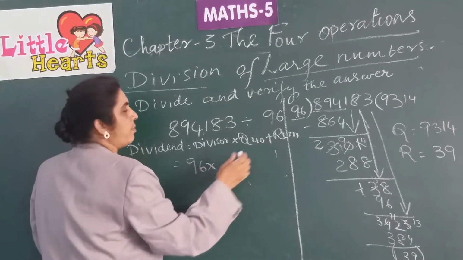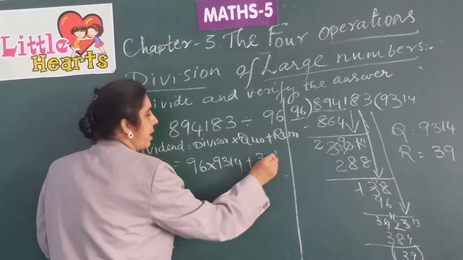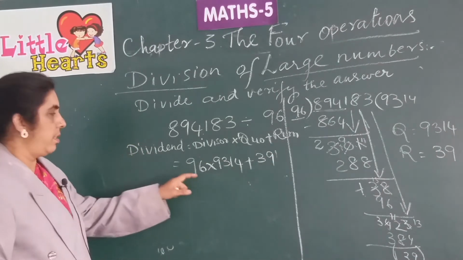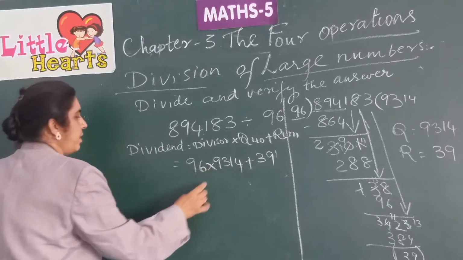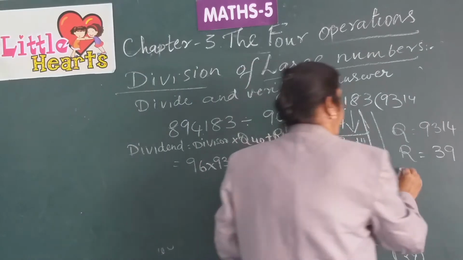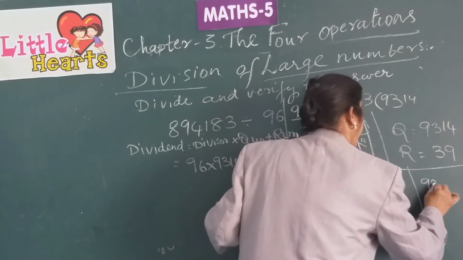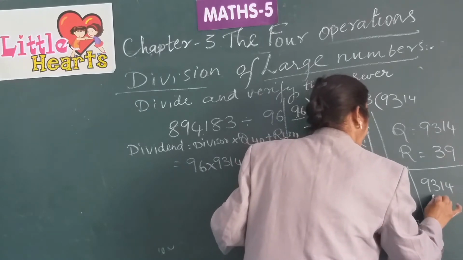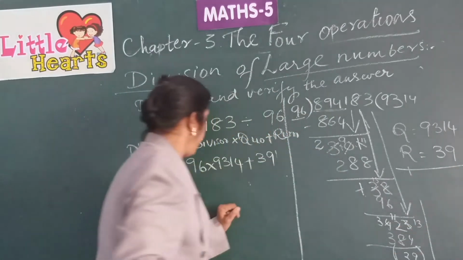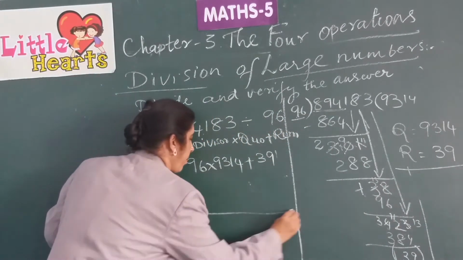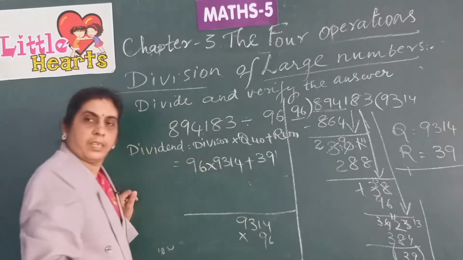Quotient is 9314 and remainder is 39. Just multiply these two now. 9314 into 96. So I shall multiply here. 9314 into 96.